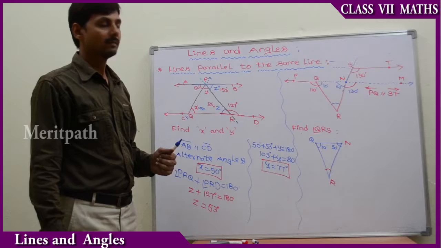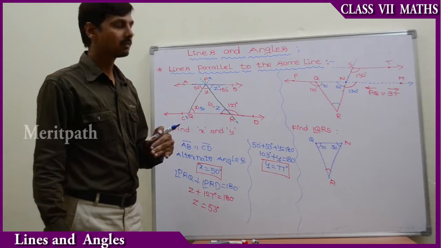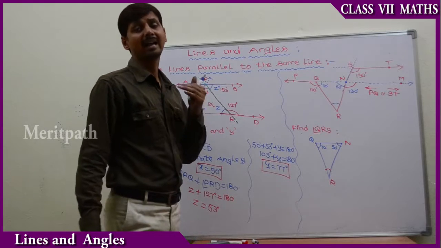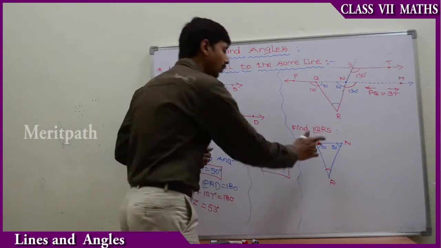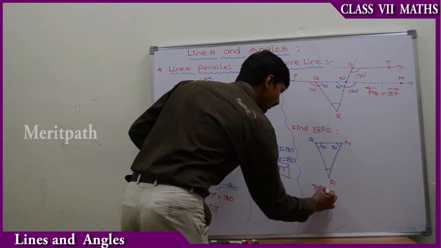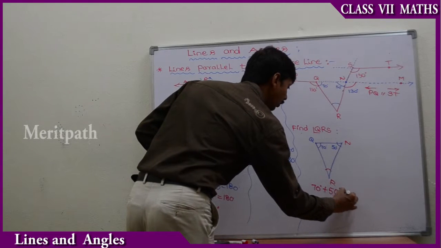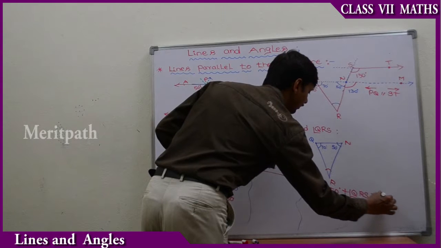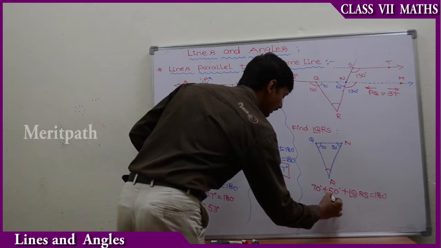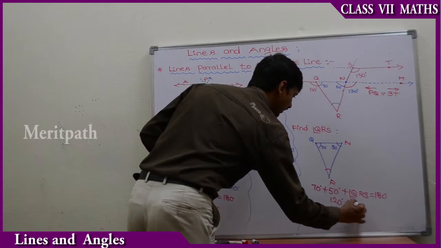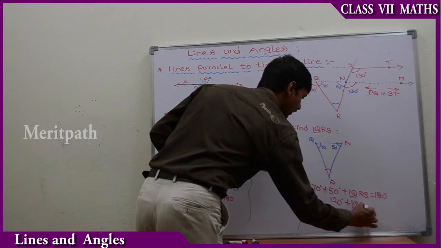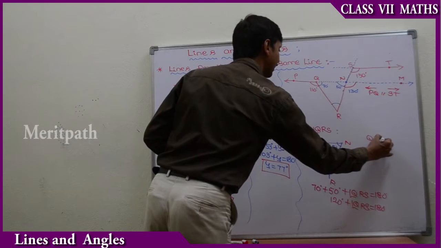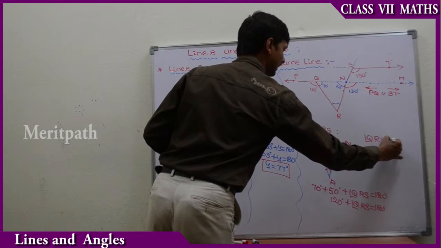The sum of the angles of this triangle is 180 degrees. So 70 degrees plus 50 degrees plus angle QRS equals 180 degrees. 50 plus 70 is 120, so angle QRS is 180 minus 120. So angle QRS is equal to 60 degrees.